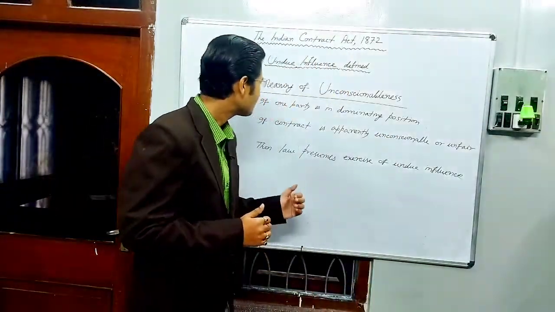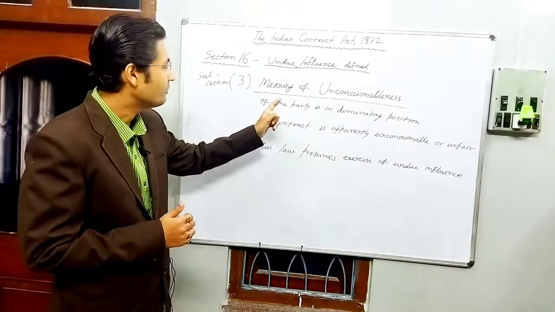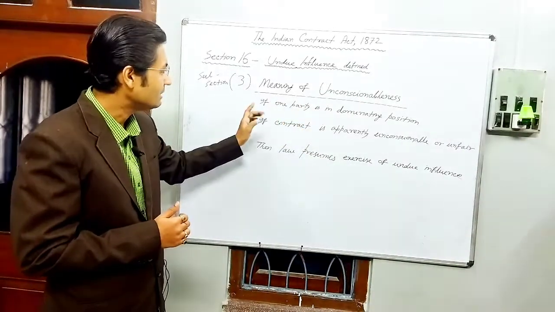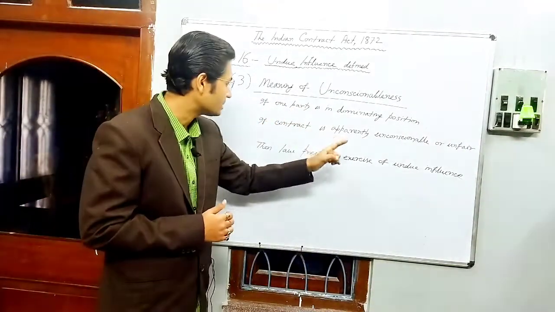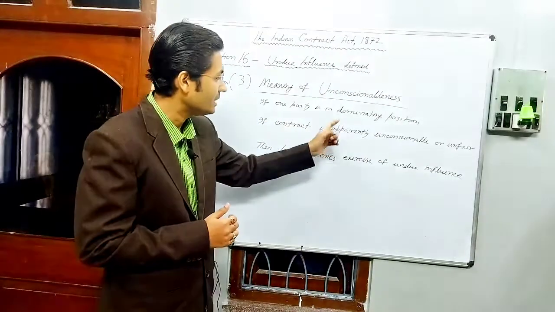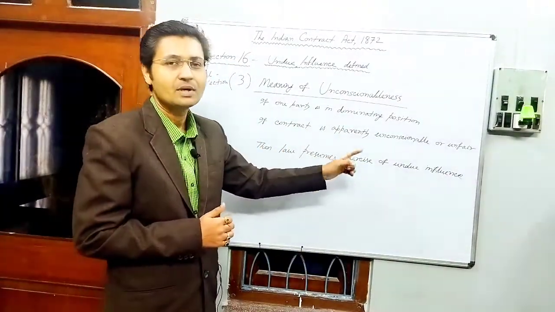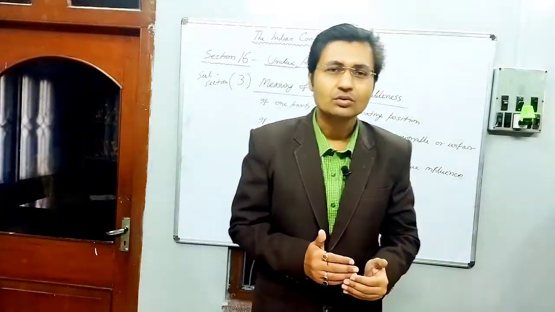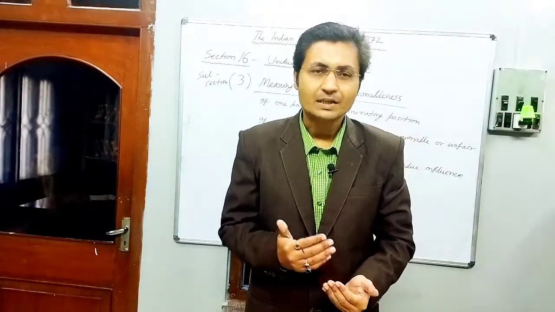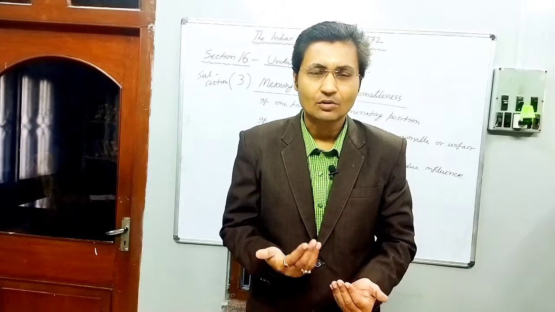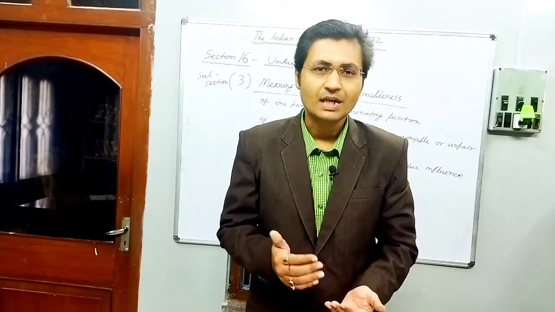That means subsection 3, that is the meaning of unconscionableness, that if one party is in a dominating position and if the contract is apparently unconscionable or unfair, the law presumes exercise of undue influence. So law will presume it as per the Indian Evidence Act law of presumption, but the contrary can be proved by the defendant.